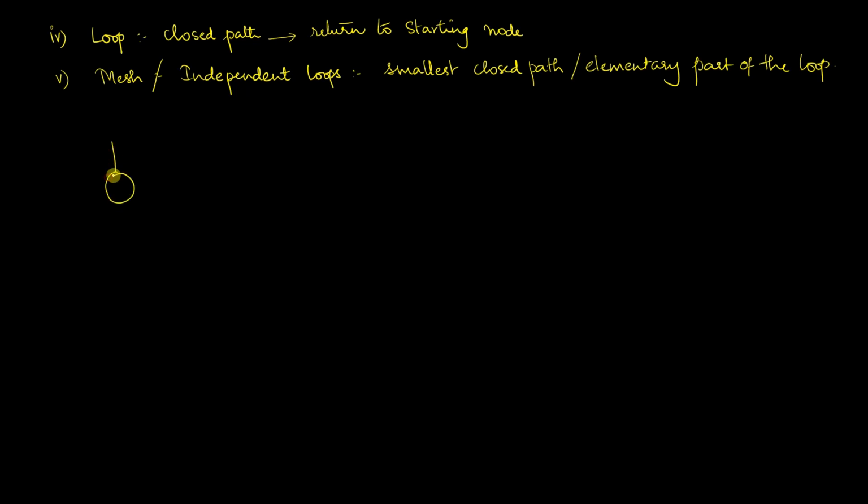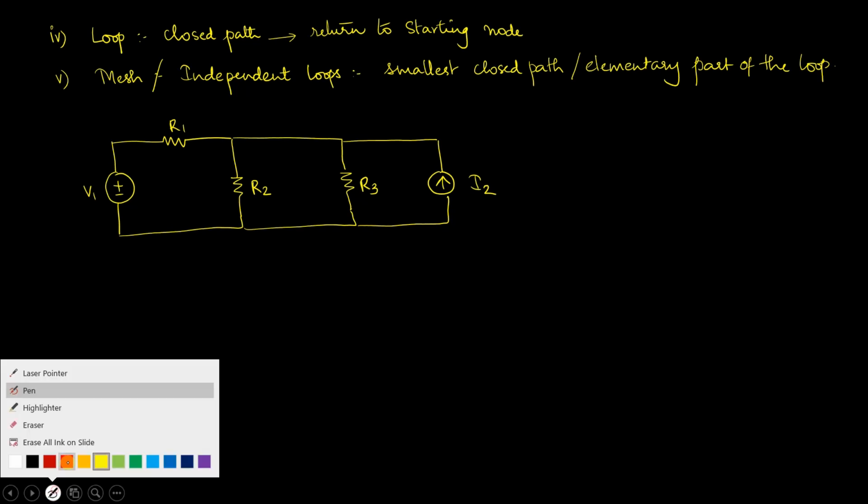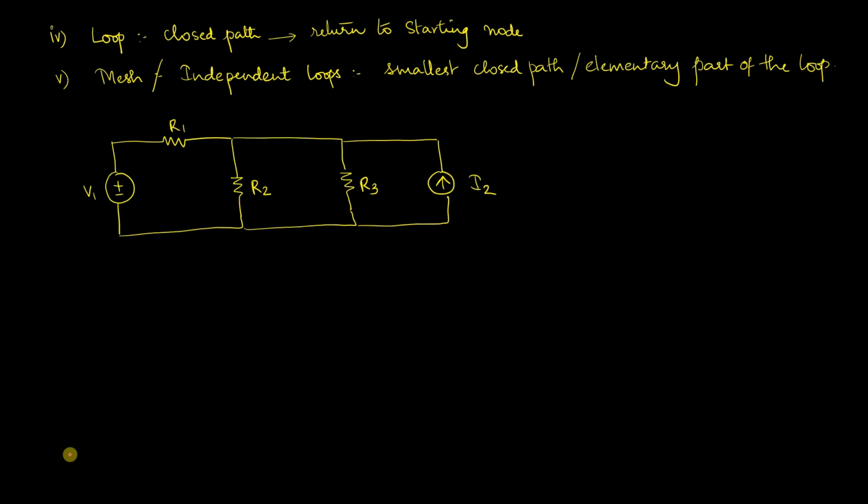So let me draw one simple circuit to explain the loops and the meshes. In this particular circuit, I am considering a voltage source V1, 3 resistances R1, R2 and R3, and another current source which is I2. Let me highlight the loops first.